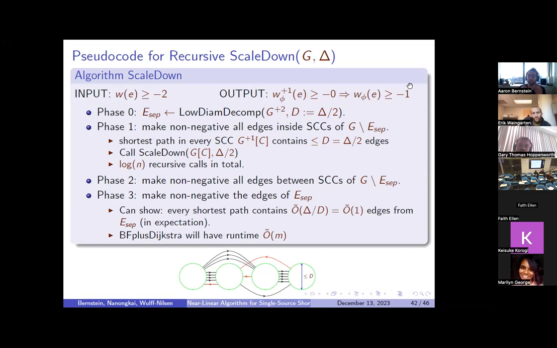So in expectation, the number of red edges on a path is something like delta over d. But that's just a constant because we set d to be delta over 2. So every path only contains a constant number of red edges, which means that by the time we get to phase 3, remember the only edges that can be negative are the red edges. So every path only contains a constant number of negative edges. And so we have a good algorithm to handle that case.